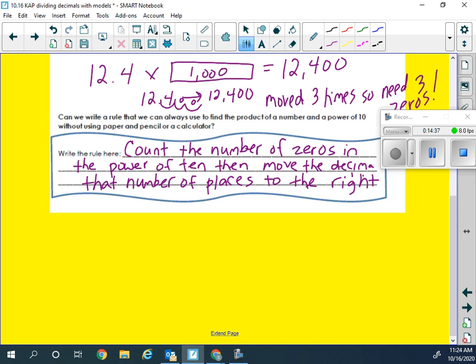Now this doesn't say this, but what if they would ask you to write a rule if it was division? Would I need to rewrite this entire sentence, or could I just change 2 words?